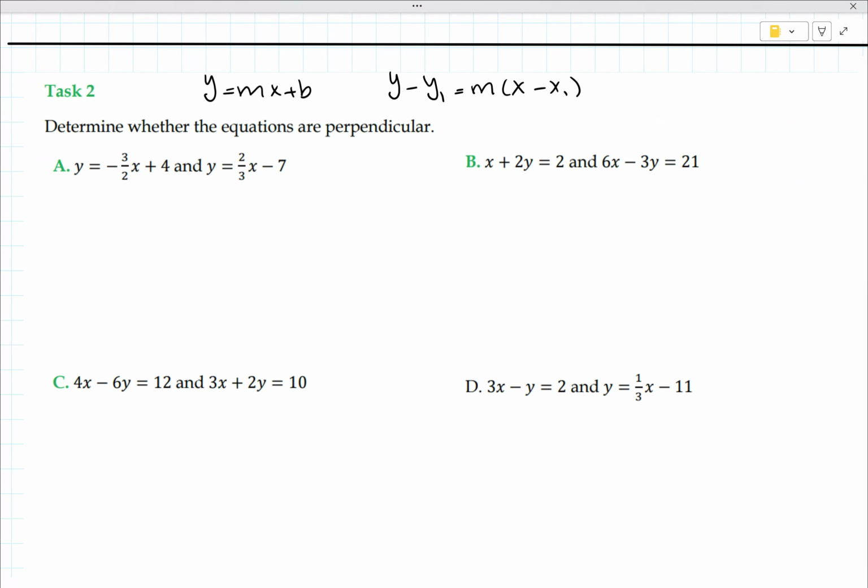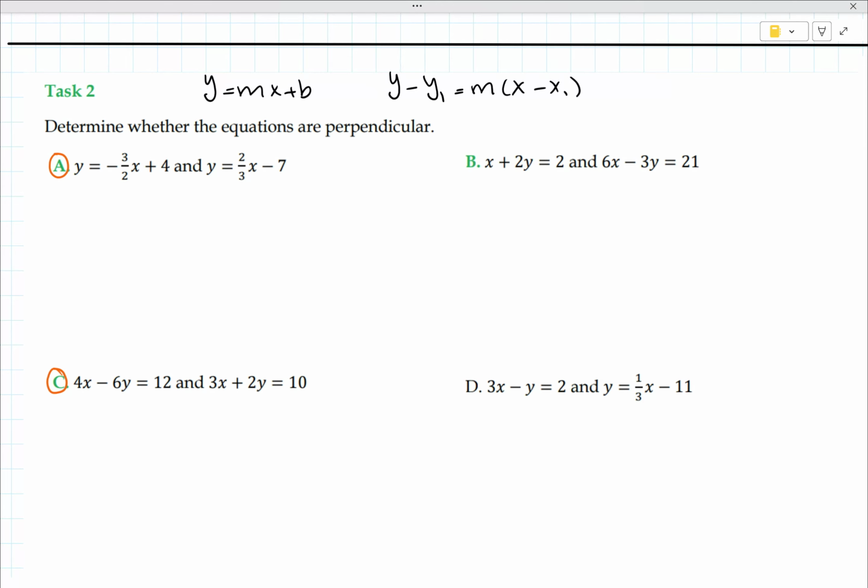I want you to try question A, question C, and then you can pick either B or D. So you're going to do 3 questions off this page. Identify the slope given our equation, and then I want you to tell me if they are perpendicular. So go ahead and pause. You're going to do A and C, and then your choice on B and D.